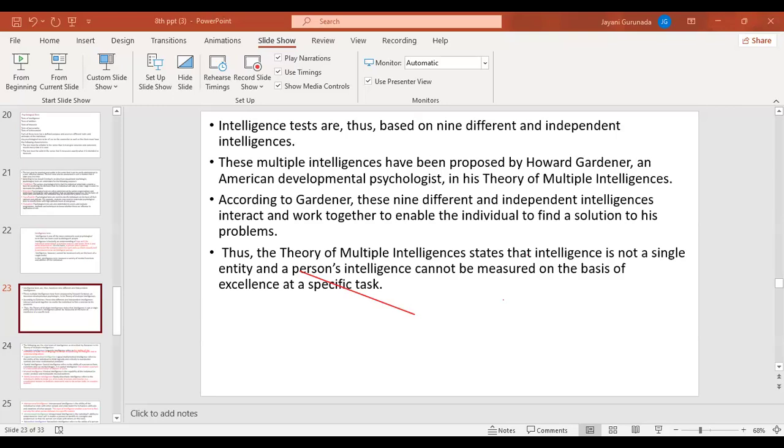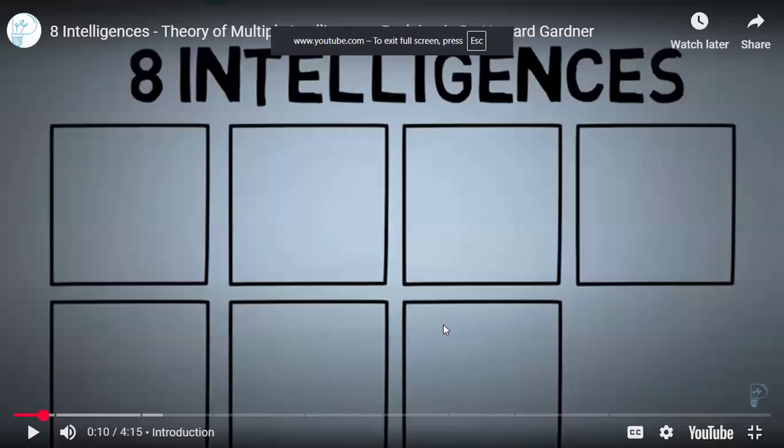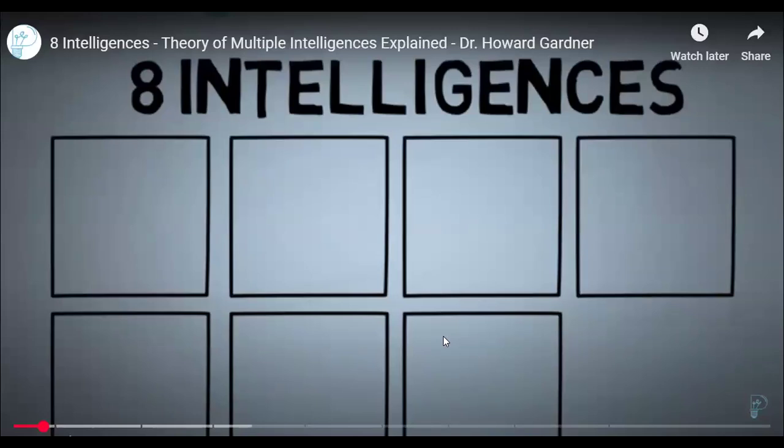So, when you think of intelligence, you know Howard Gardner says there are... Okay, I'll show you this, right? Wait. Okay, can you see the screen?